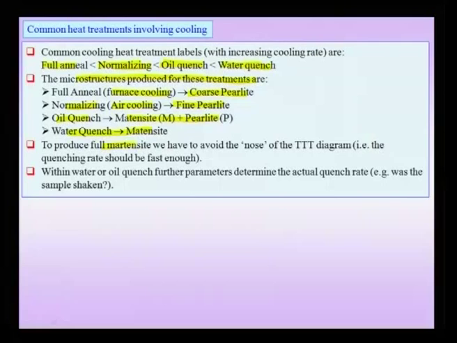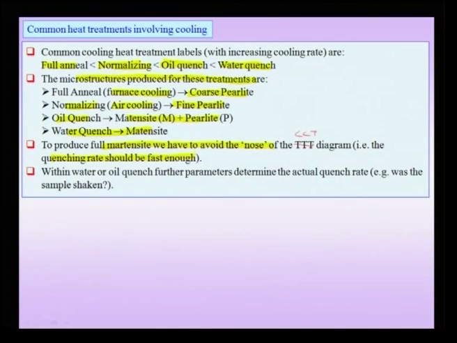To produce full martensite, we have noted that we have to avoid the nose of the TTT diagram, or to be more precise, since we have introduced the CCT diagram, I have to avoid the nose of the CCT diagram, and that means my quenching rate has to be fast enough for that. Once I avoid the nose of the CCT diagram, then I can produce a sample in which all the sample is transformed into martensite.